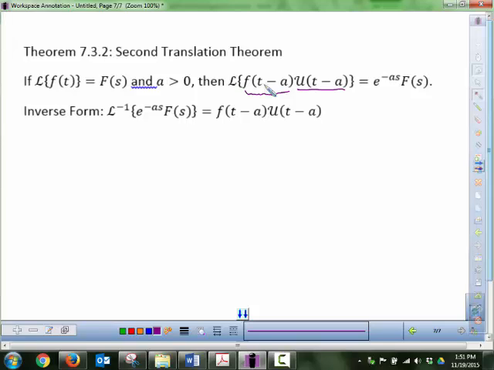Let's take a look at this, though. It's kind of weird because we've been dealing with the s world with just s's and fractions. Now with a shift in the t-axis, we're going to get introduced to an e to the minus as in the s world. How are we going to deal with that? That's just going to be around in our algebra work, and it's something we're going to factor.